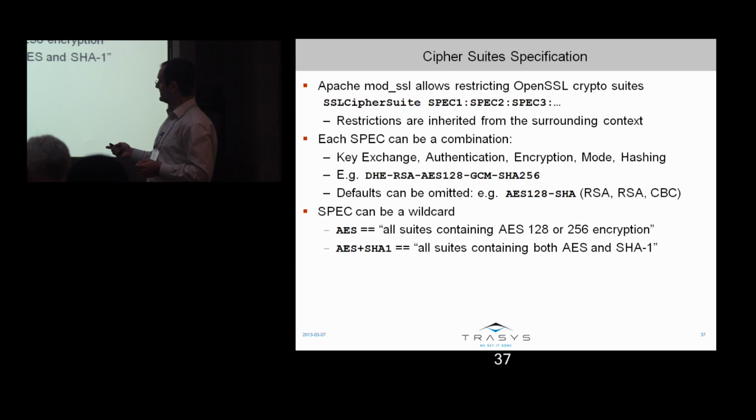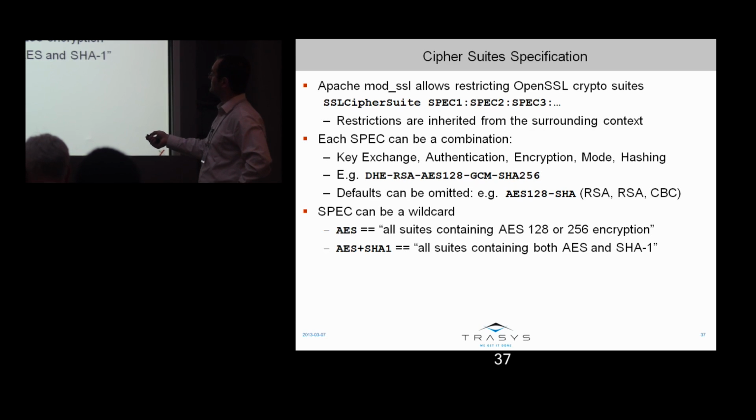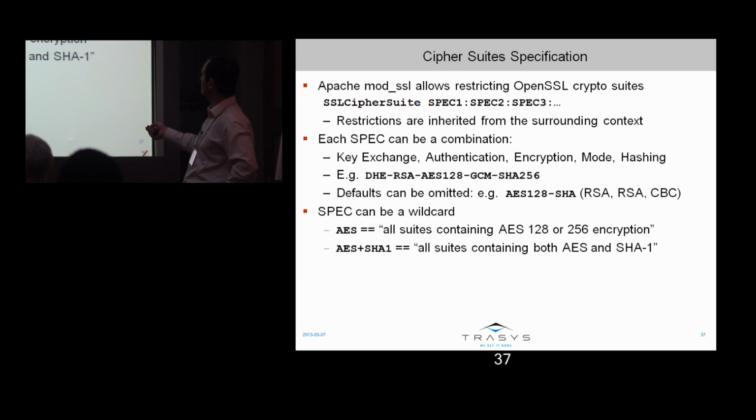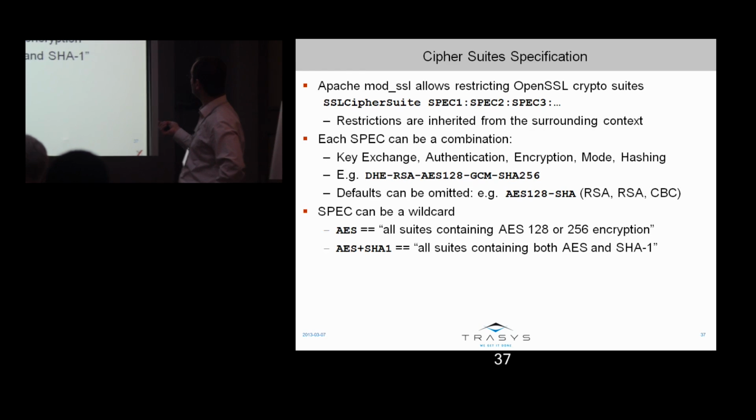A specification defines key exchange, authentication, encryption, the mode of encryption if it's a symmetric cipher, and hashing. And an example of an identifier is this big long one. There are several defaults that can be omitted. For example, RSA can be omitted, and you can just declare AES128-SHA. And this means that key exchange and authentication is going to be RSA, and the mode is going to be cipher block chaining.